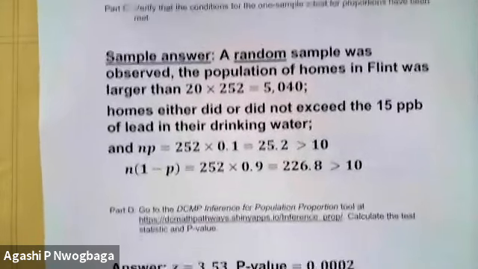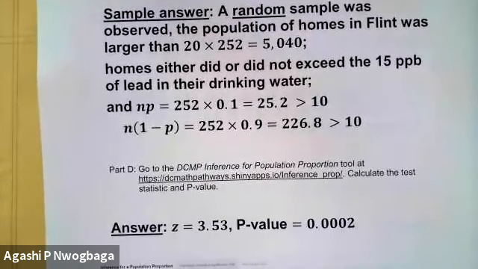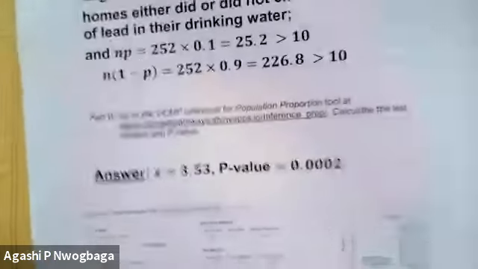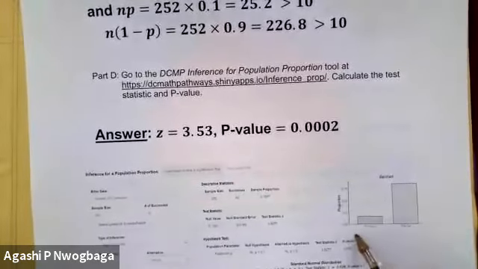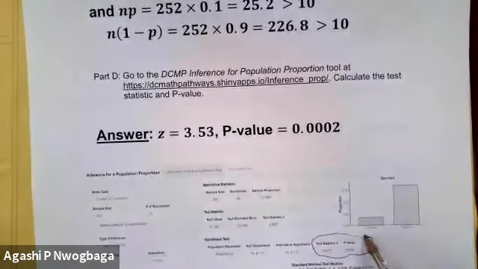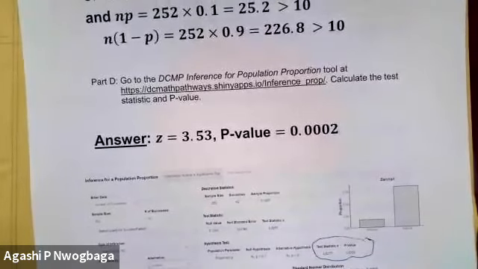From that site, we saw that the z is 3.53 and the p-value is 0.0002. And we see those right here in the sample output. We entered 252 here, we entered the 42 here.